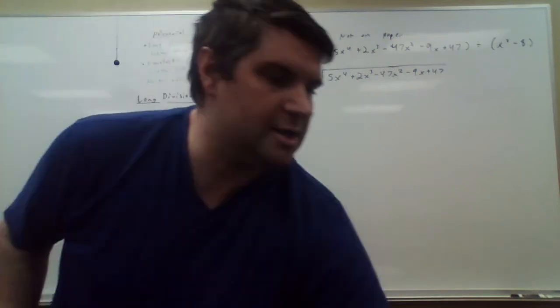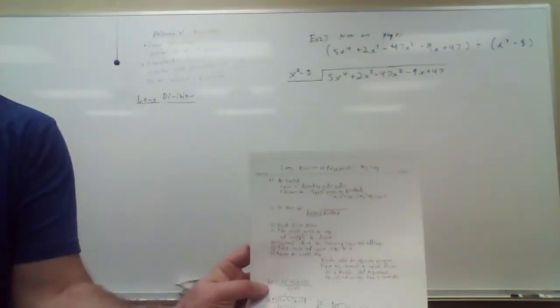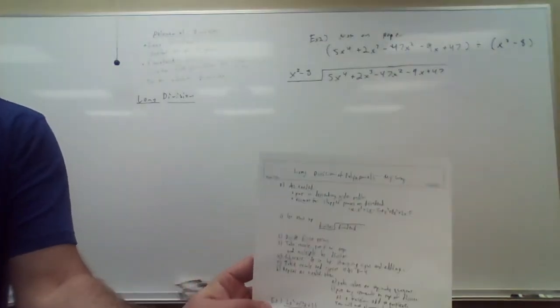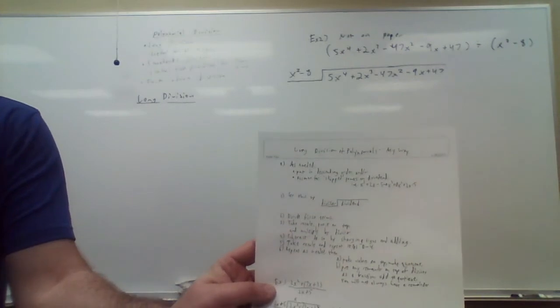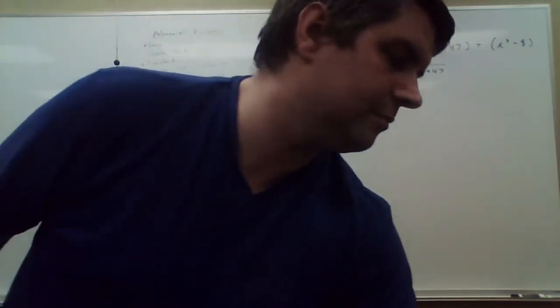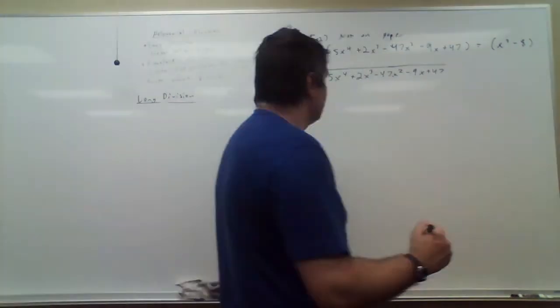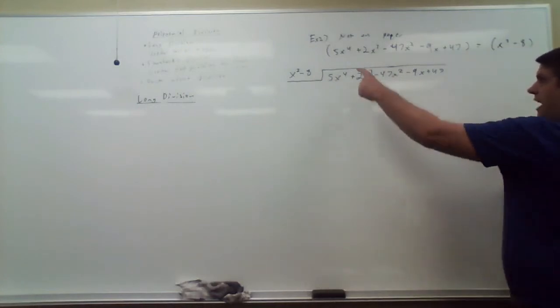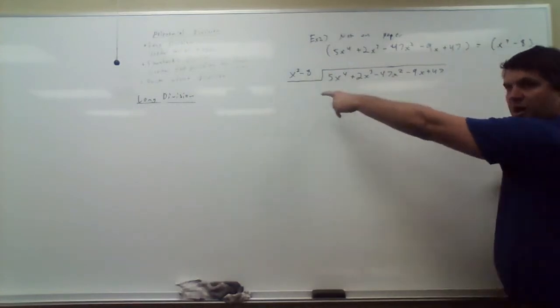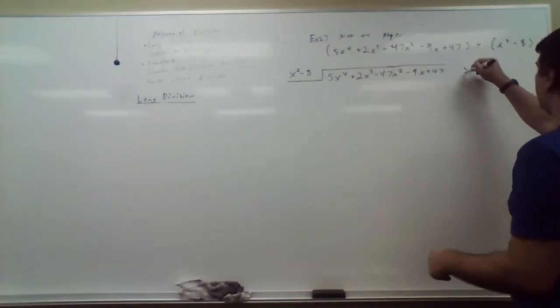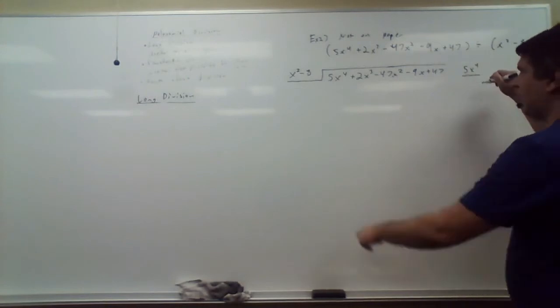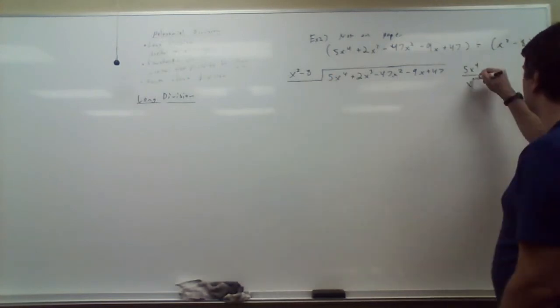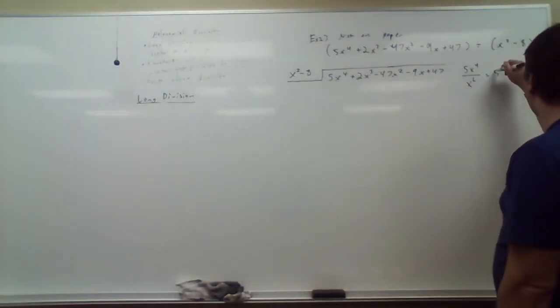Continue to follow the steps that are on the first page of this handout. So divide first term by first term. So 5x to the fourth divided by x squared gives me 5x squared.